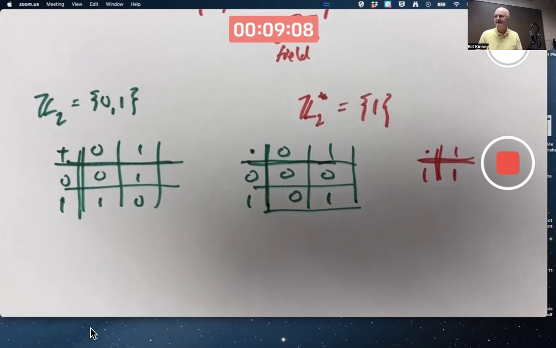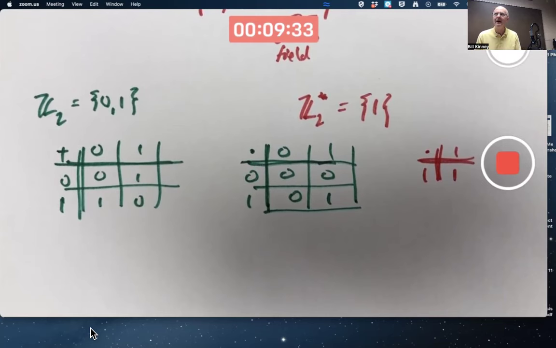The second smallest is Z3. I'm not going to write that one down because what I'm more interested in today is getting to fields that have order equal to a power of a prime where the power is bigger than 1. What's the smallest such field? Not Z4, because Z4 is not a field. 4 is not prime.